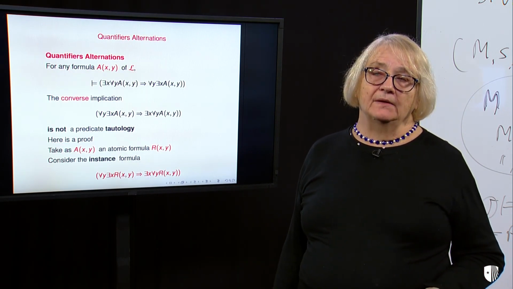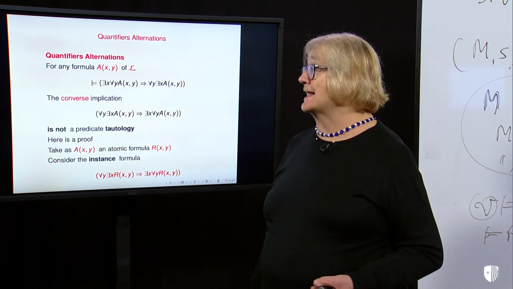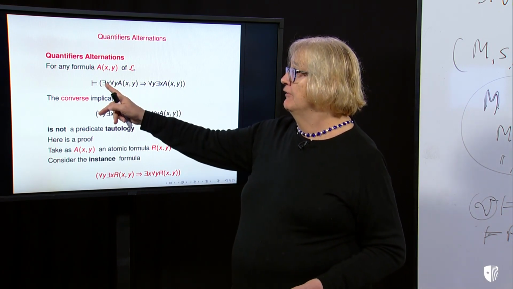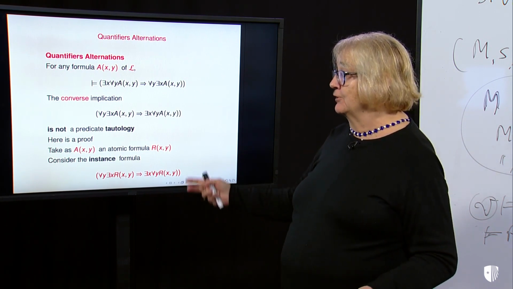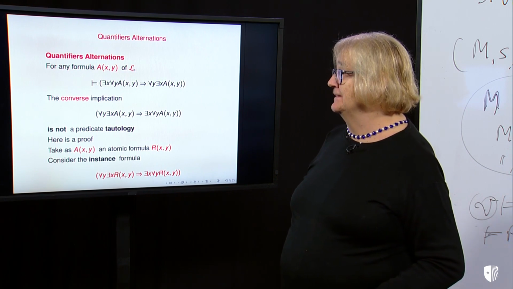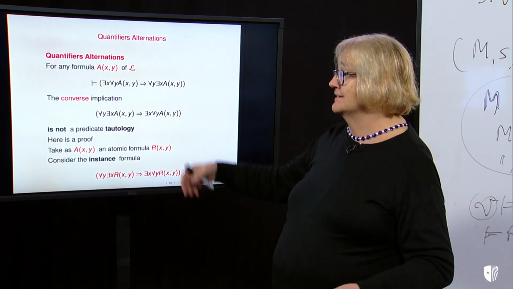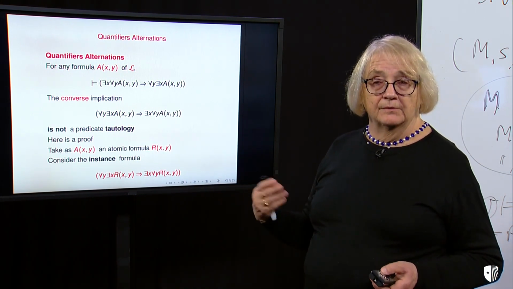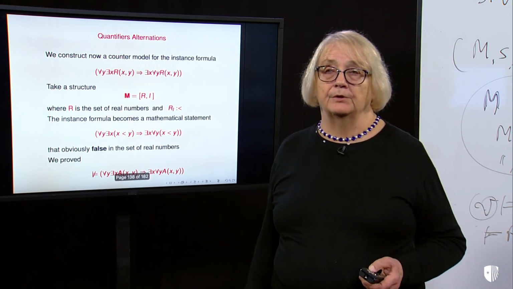And also another important set of laws are the quantifier alternation laws, which intuitively say that if you have there exists for all, you have for all there exists. But of course, the converse does not hold, remember, and again you have a nice contra-model.